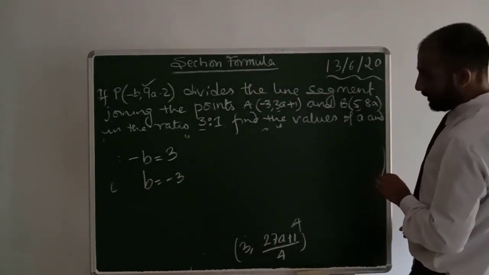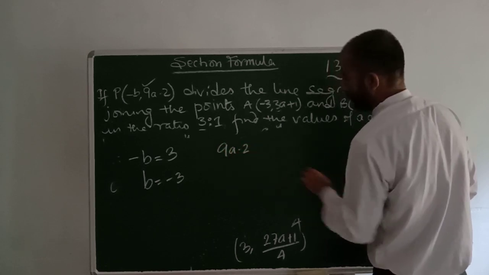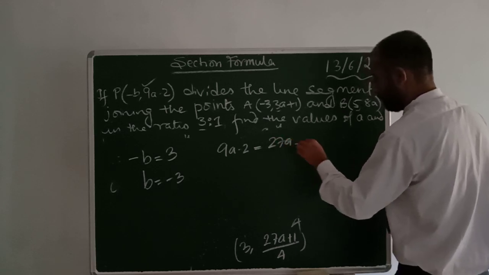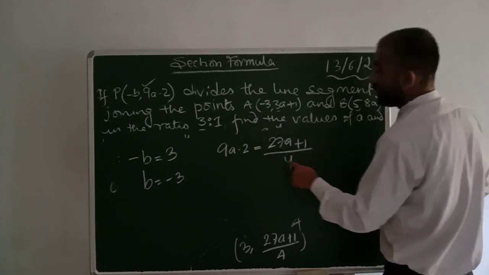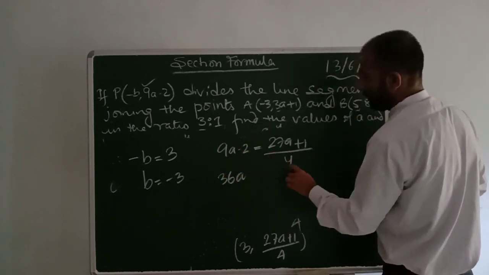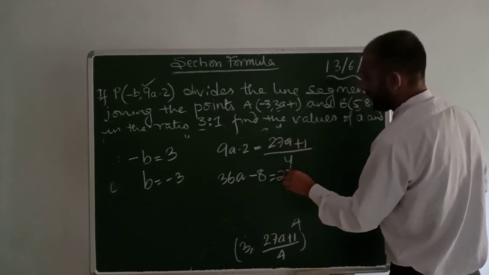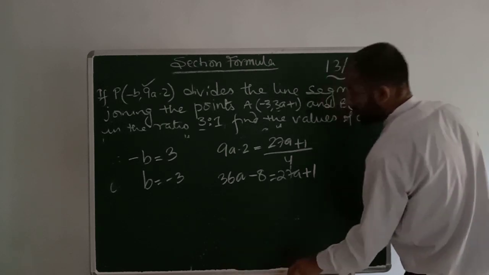Let's go with a. 9a - 2 will be equal to (27a + 1) by 4. Let's cross multiply. 4 9s are 36, so 36a - 8 equals 27a + 1. Okay.